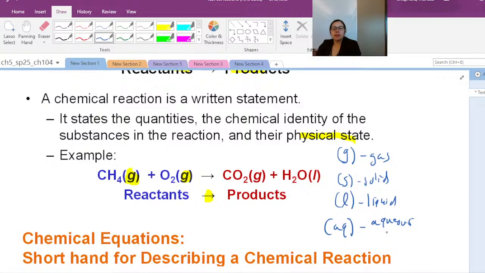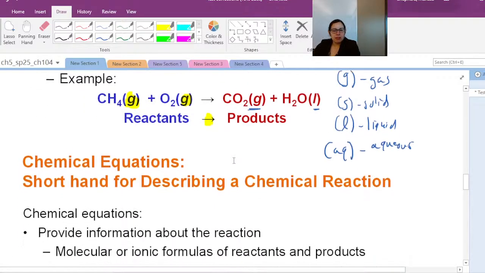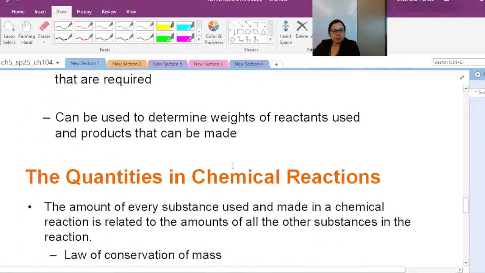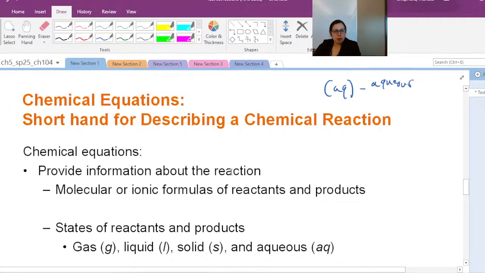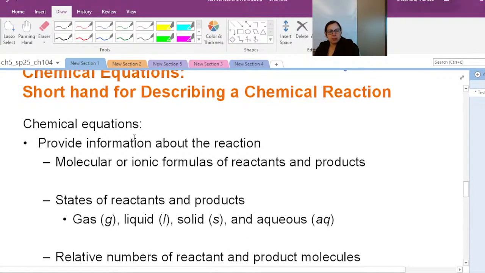And then products on the right side, again, giving our states of matter. And then they should be balanced. Let's make sure. So this one is actually not balanced, so that's something that we'll look at. Let's keep going. So this tells us how to write our equations, right?